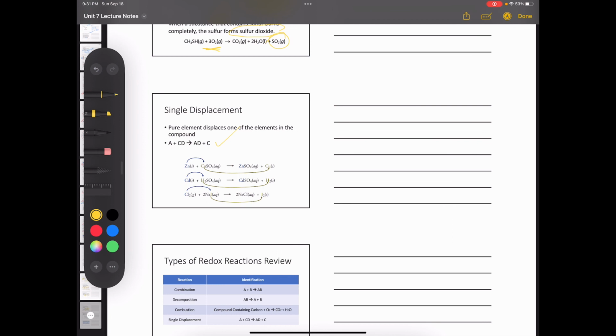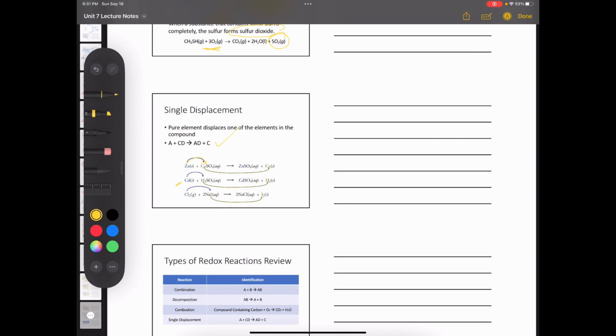So in this case, if you look at the zinc reacting with copper sulfide, you will see that the copper is being displaced by the zinc. So it's a single displacement reaction because it's happening with only one element that's being displaced and replaced by another element.